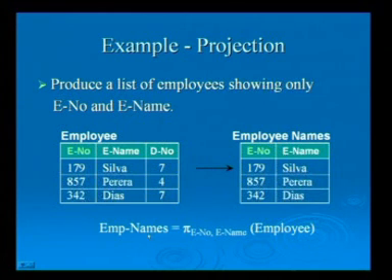It will produce another relation called employee names, and as you can see, only two attributes. So, the degree of this relation, that is the number of attributes in this relation, is equal to the number of attributes in this attribute list.